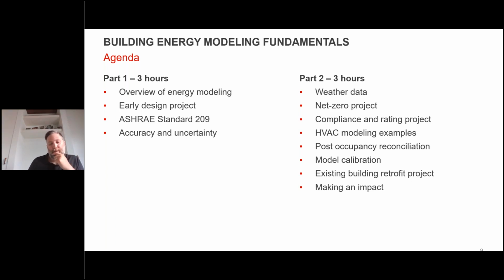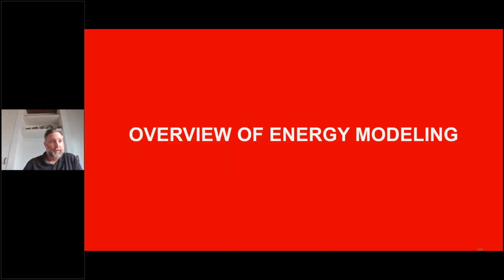So we're going to run through lots of case studies, examples of how you model specific systems, specific sort of ECMs, things you might be looking at for analysis, and some existing building examples. All right, with that, we'll get into it.